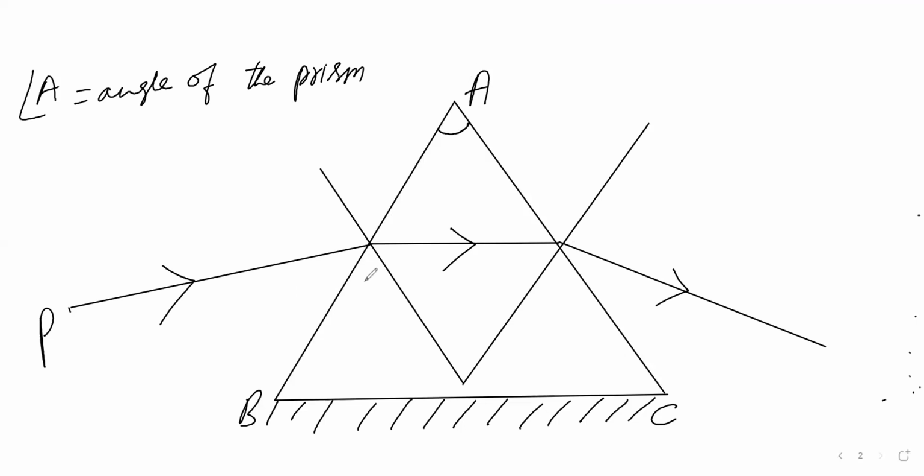So here PQ is the incident ray, QR is the refracted ray, RS is the emergent ray. Here I1 is the angle of incidence, I2 is the angle of emergence, R1 is the angle of refraction, R2 is the angle of refraction.